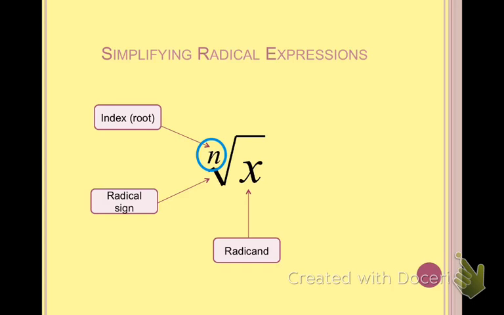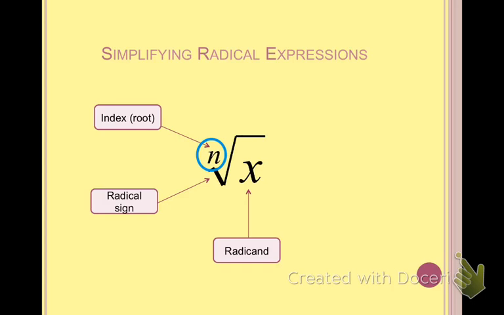Typically in our notation, there will not be anything written there because we're going to be using the square root, and when we use the square root, there's no index written. Other times you might see a 3 written there to indicate a cube root, or a 4 to indicate a 4th root. But again, in our case, when we're looking at square roots, you will not see a number actually written there.